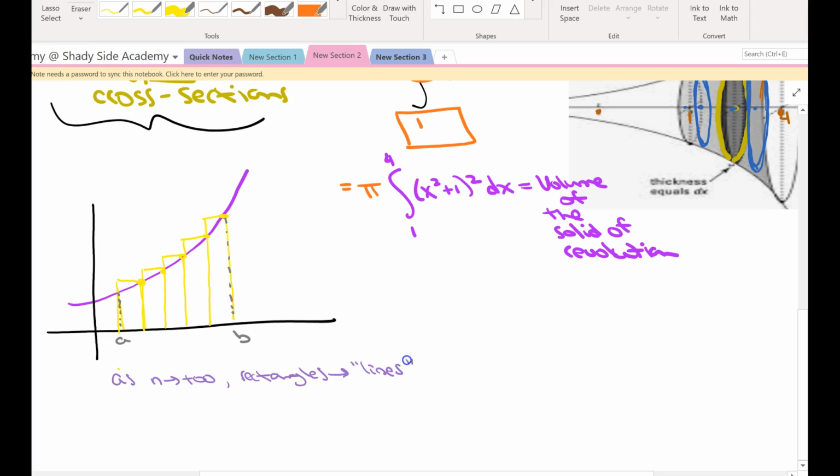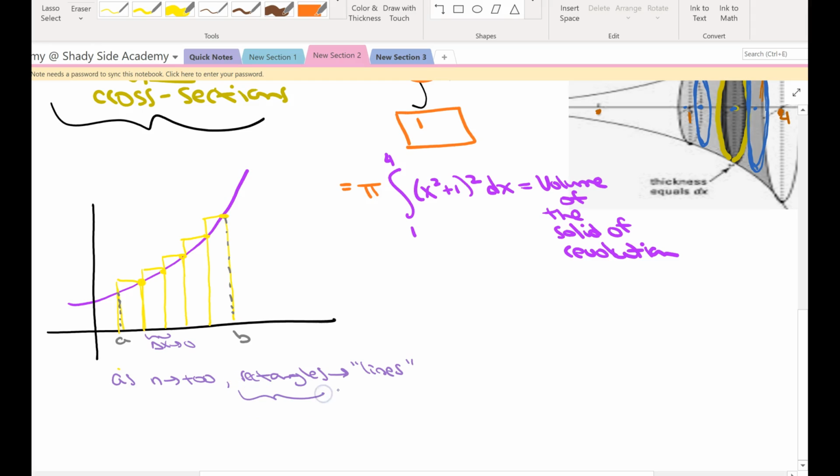I'm putting this into quotes because obviously a line is not a rectangle, but the idea was that the delta x became so small and approached 0 that those rectangles morphed into lines.